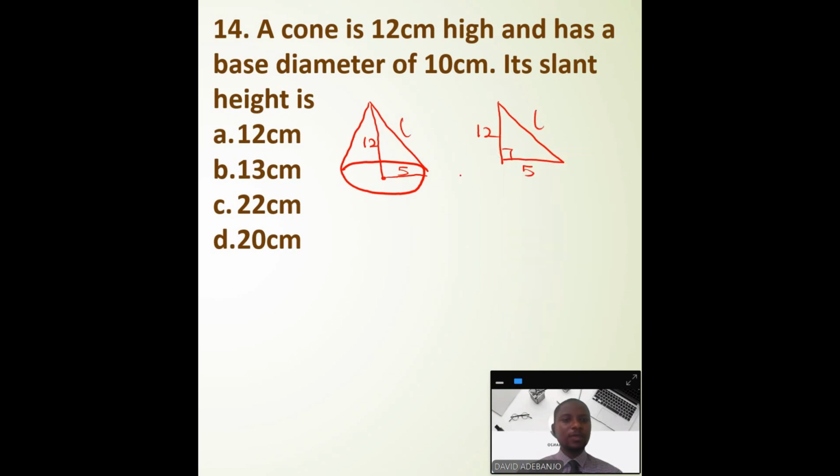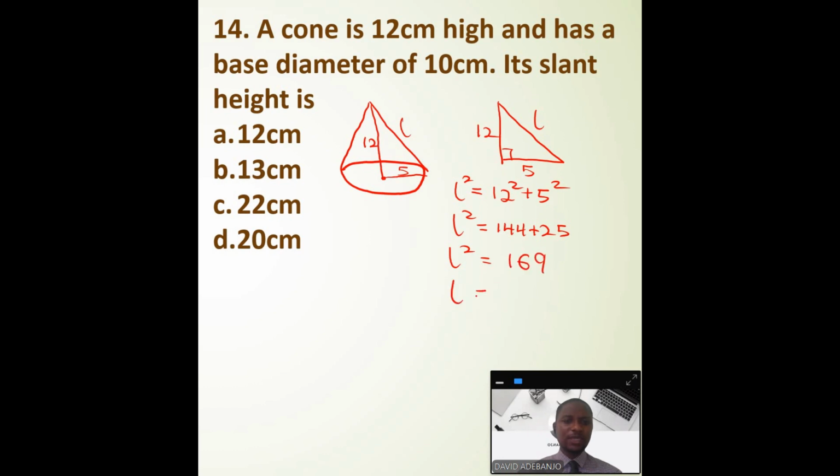So you can use Pythagoras theorem, which says that the longest side, when you square it, will give you the sum of the square of the other two sides. Meaning L squared equals 12 squared plus what? 5 squared. So L squared equals 144 plus 25. L squared equals 169.